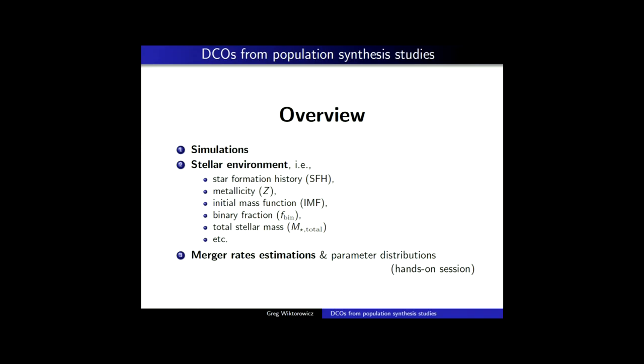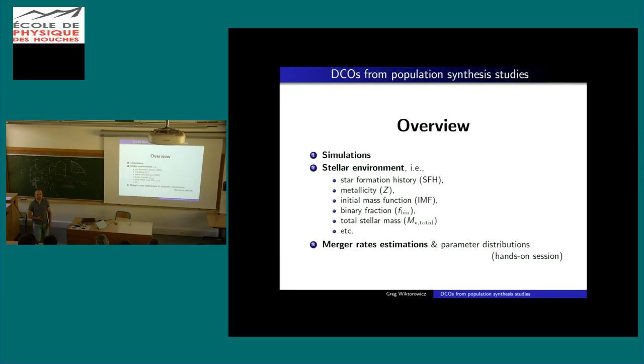The short overview of what we are going to do today is we will start with a very short explanation, without going into very complicated details of the simulations, but we will explain the idea and the methodology behind obtaining these results for populations of stars.